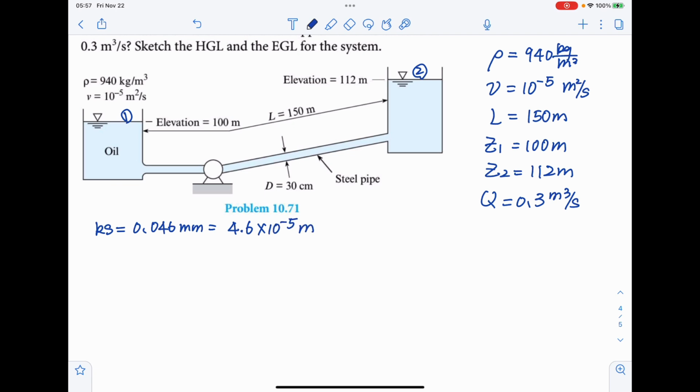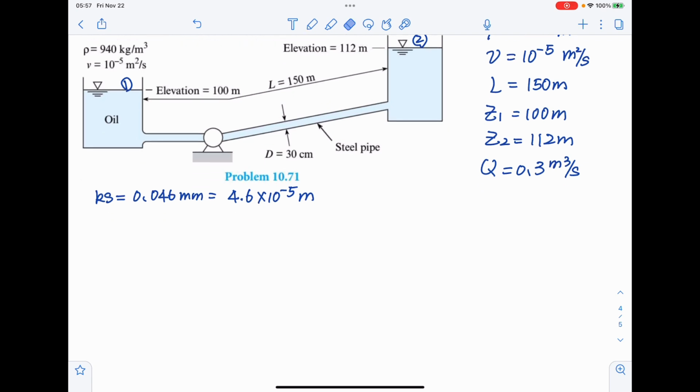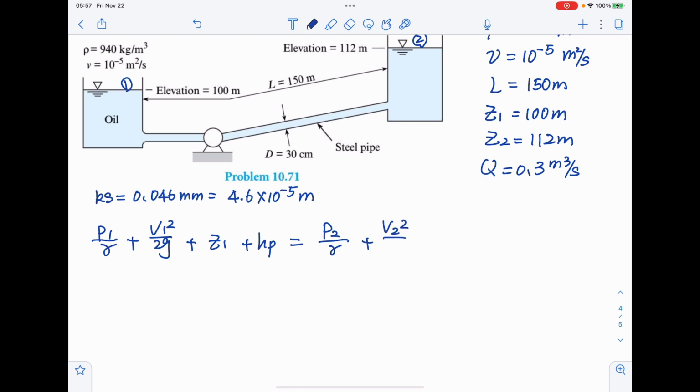Okay. So we're going to start with the energy equation. P1 over gamma plus V1 squared over 2G plus Z1 plus the head of pump equals P2 over gamma plus V2 squared over 2G plus Z2 plus the head losses.